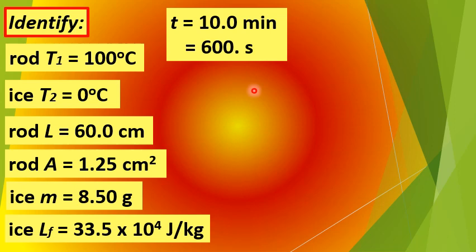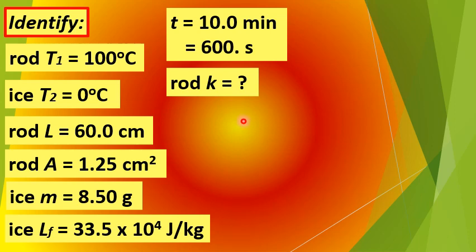And our target variable is to determine the constant thermal conductivity K of the rod, which eventually will tell us what material the rod is made of.